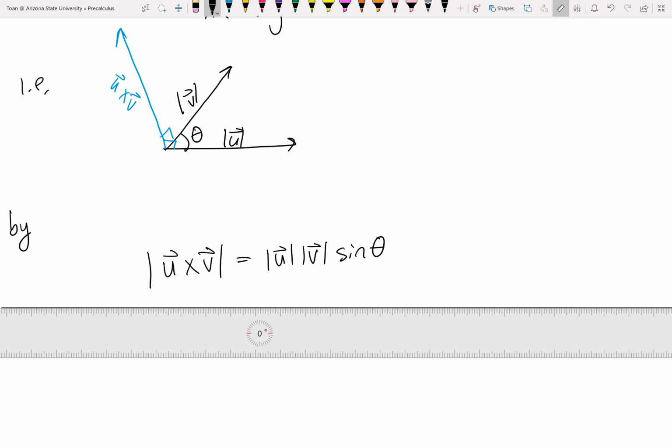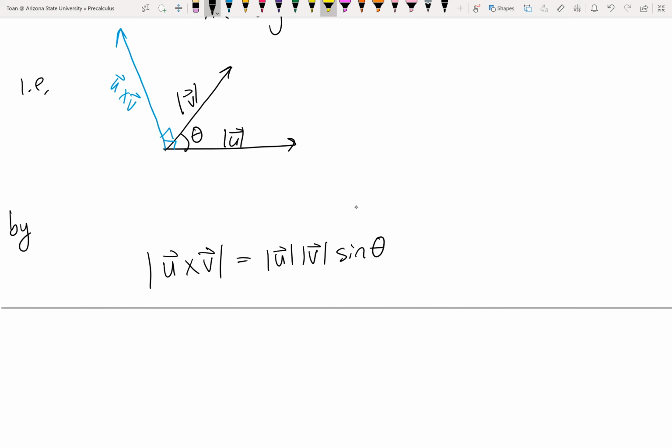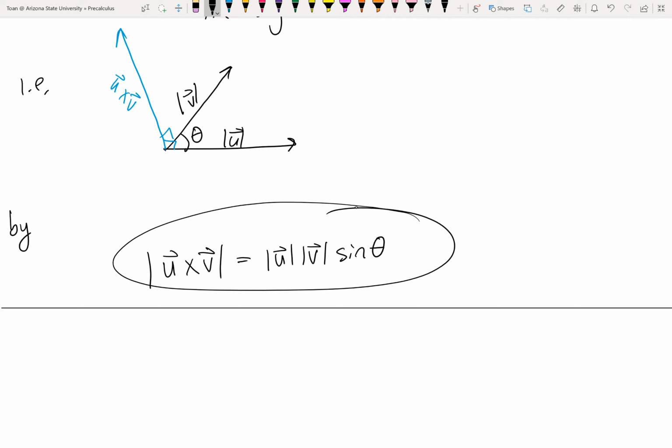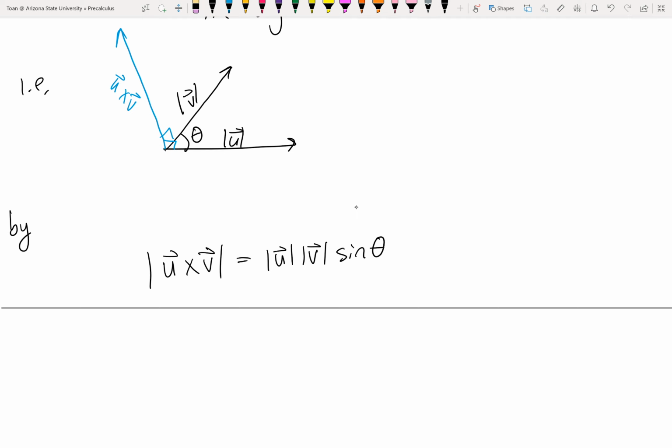So you can sort of think of this as the alternative formula for the magnitude of the cross product. Now, I will admit that this is a nicer formula. It saves you the hassle of doing the cross product. It saves you the hassle of either memorizing that weird, complicated formula, or it saves you the hassle of finding the determinant.